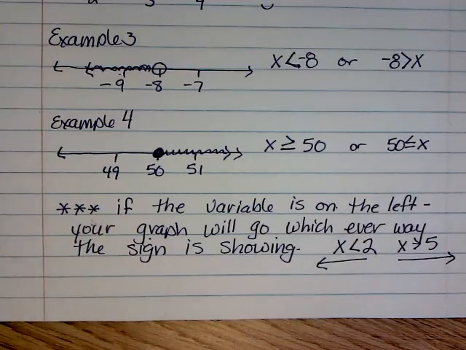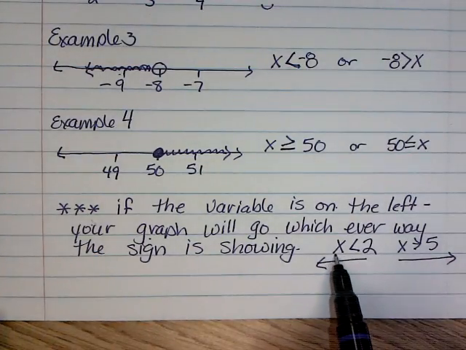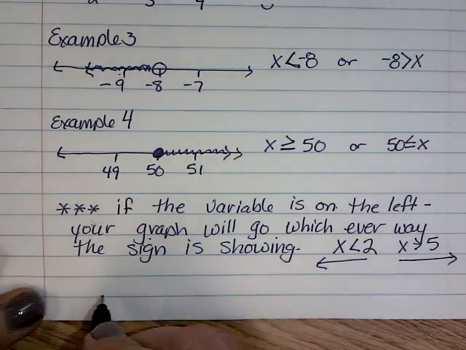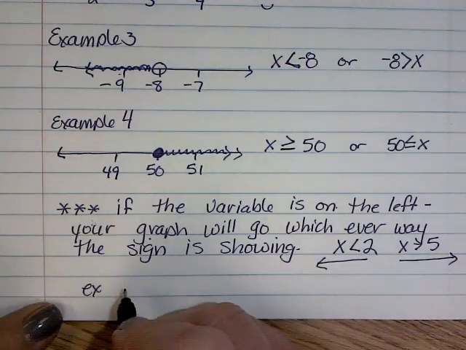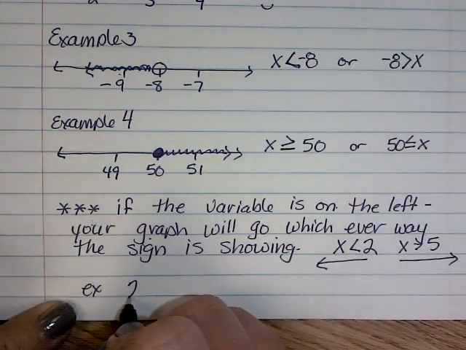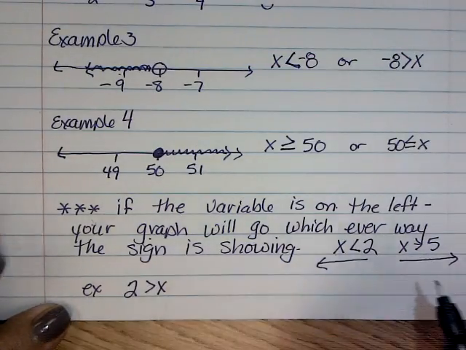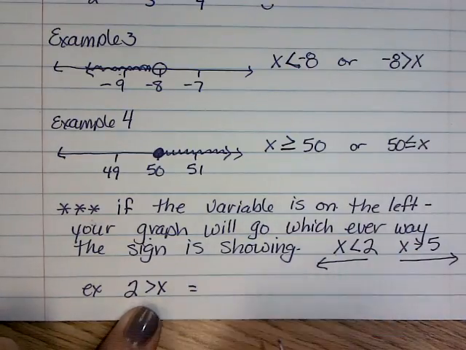So there's benefits to stopping and making sure that you can check that and rewrite that in a way that your x is on this side. Okay? So for an example, if I had 2 and it looked like this, how can I rewrite that?